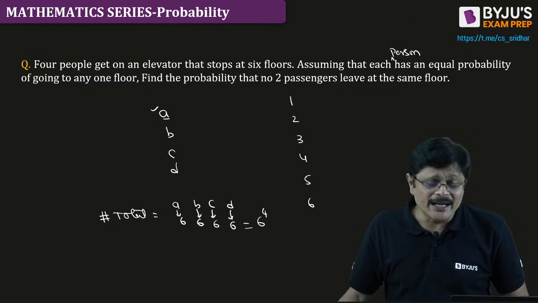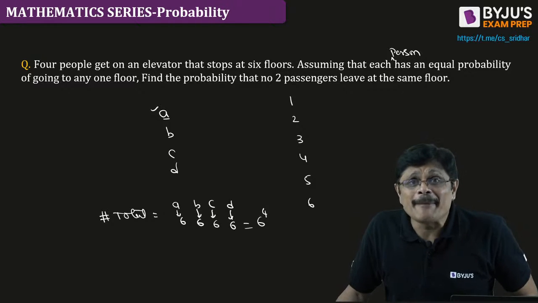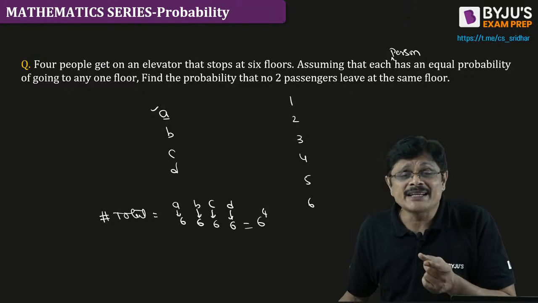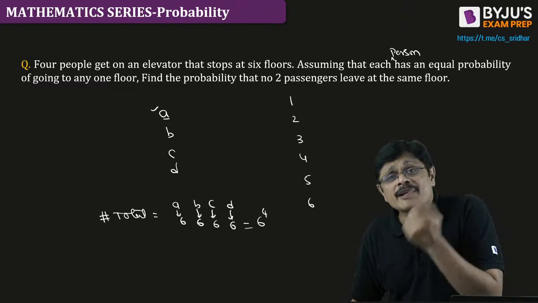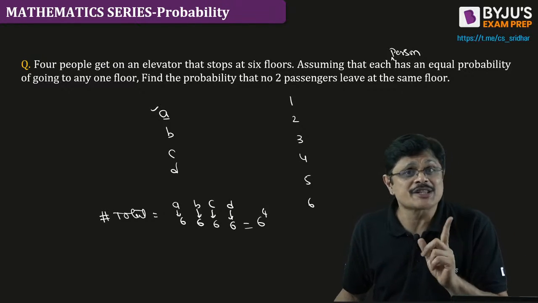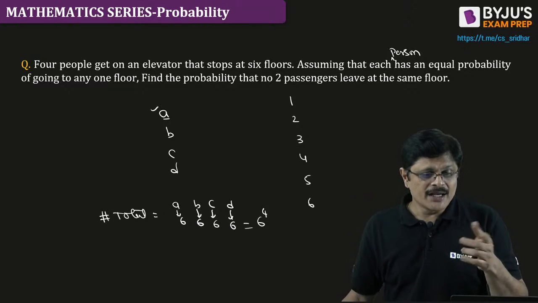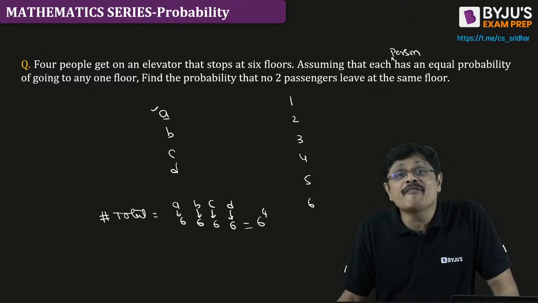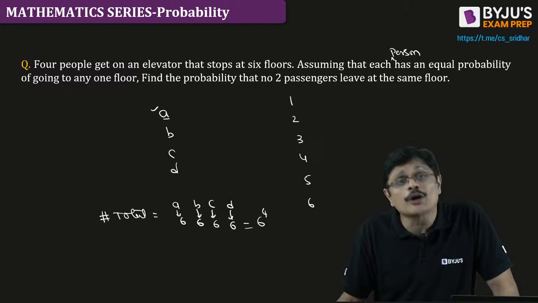Not 5, sir. 5 happens if you say the second person cannot get out where the first person gets out. That is the favorable situation. I am not talking about favorable first of all; I am talking about total situations.